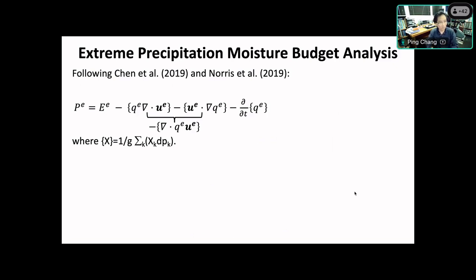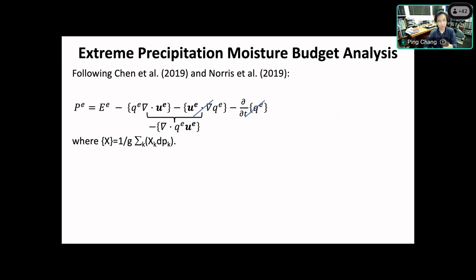So you can write the extreme precipitation as equal to the evaporation plus the moisture flux convergence, which is these two terms here, right? We split that into a component driven by the flow convergence, and another which is the moisture advection, and this is the tendency term. And the curly brackets represent the vertical integral all the way from the surface to the top of the atmosphere, right?